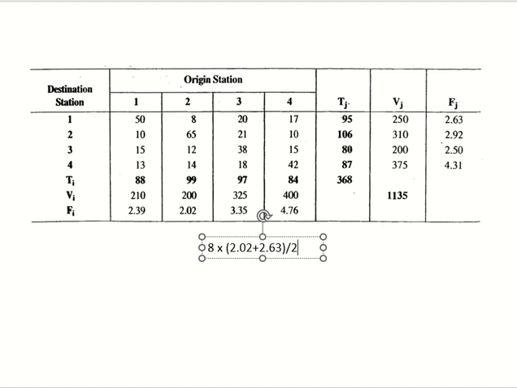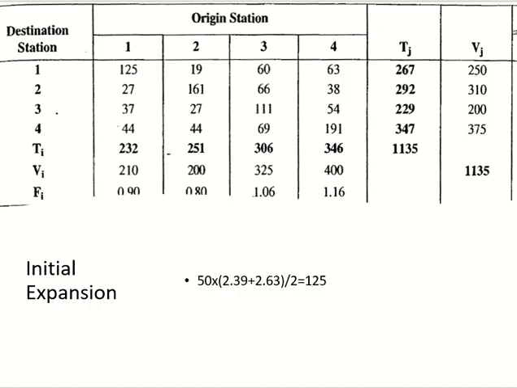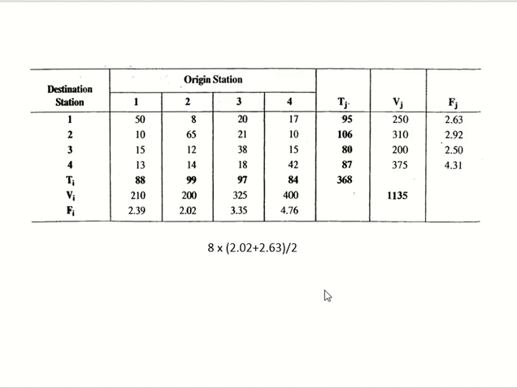Clear? So whatever the answer is, 8 will be replaced by that answer. And the answer in this case is almost 19. Got it? So this entire matrix will change using the same calculation. The entire matrix will change.